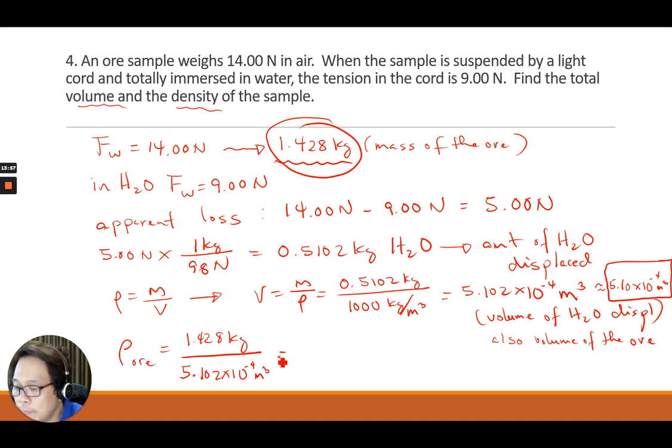This will be 2,800 kilograms per cubic meter. Our answer should be in 3 significant figures, so there should be a bar on top of the first zero, for 1, 2, 3.